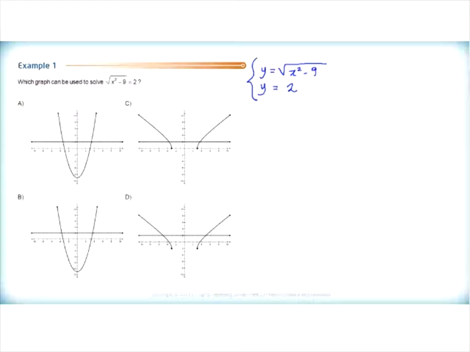So to graph this function, again, you have to remember that the graph of y equals x squared minus 9 represents a parabola that opens upward. The vertex of that parabola passes through the point (0, -9).